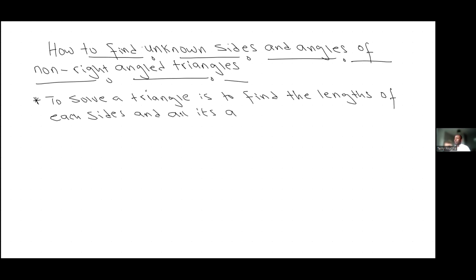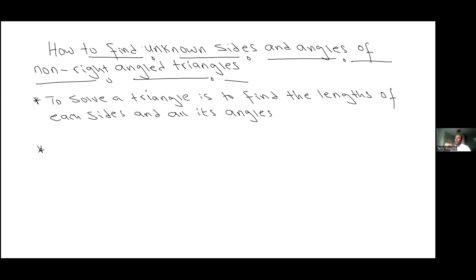Okay, so basically it's to find the length of each side and all of the angles there. And also to find those unknown sides and angles in a non-right angle triangle, you need to apply two rules, either the sine or the cosine, or both of them together.